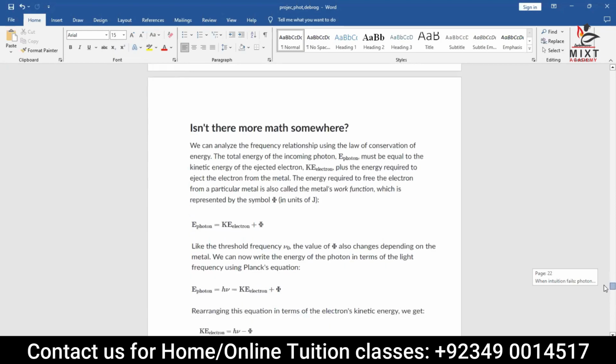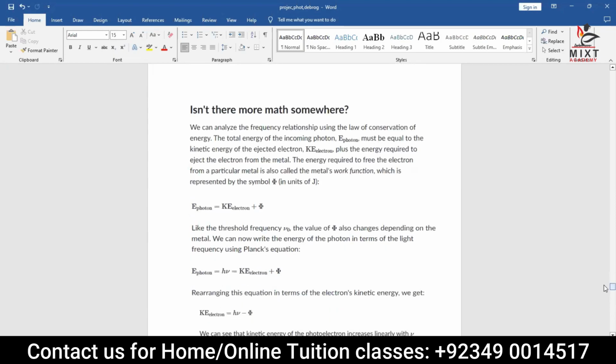Okay, now let's start with the formula. There are different ways to write the formula. The first is E photon is equal to KE of electrons plus the work function. It means that for electrons to come out from the metal, first of all you require a minimum energy, or threshold energy, so that the electron will be ejected or knocked out from the metal.